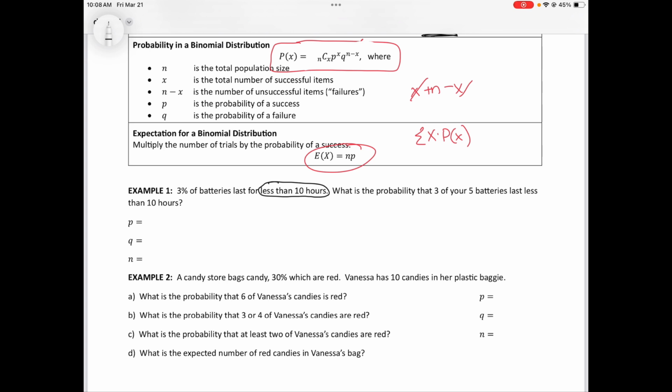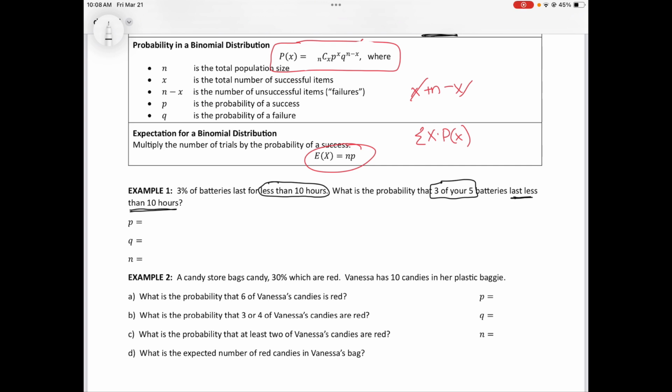Don't think of it as success meaning it's lasting longer. Read the question and see what it's asking. A success in this case may be that light bulb failing, for example. Now, what is the probability that 3 of your 5 batteries last for less than 10 hours? Our focus is lasting less than 10 hours.